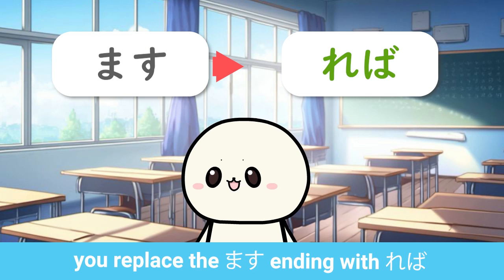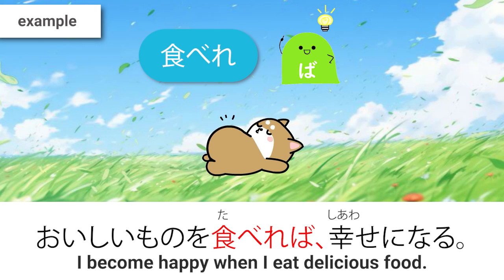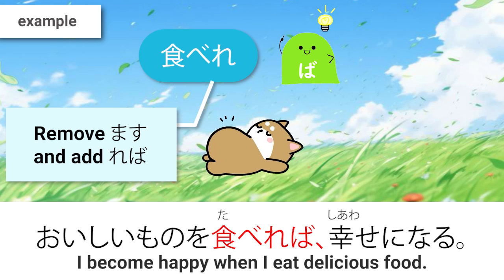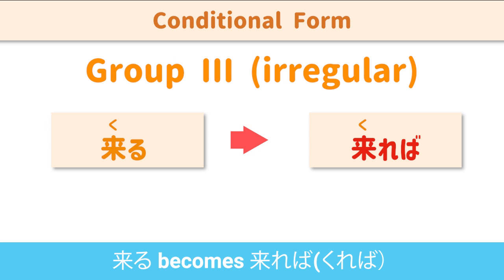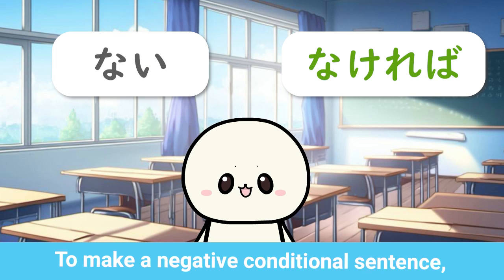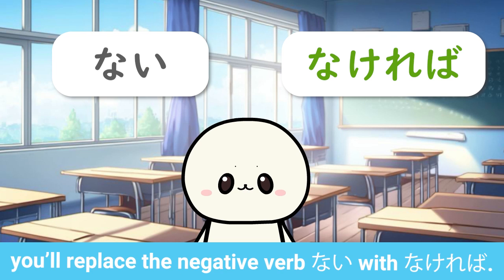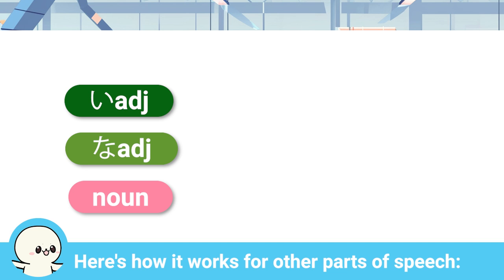Moving on to the group 2 verbs. For group 2 verbs, you replace the masu ending with れば。おいしいものを食べれば幸せになる。And for group 3 verbs, 来る becomes 来れば and する becomes すれば。To make a negative conditional sentence, you replace the negative verb ない with なければ。行かない becomes 行かなければ。Here's how it works for other parts of speech.